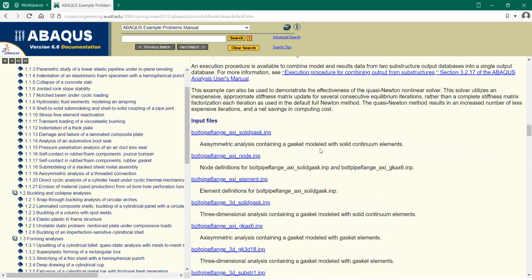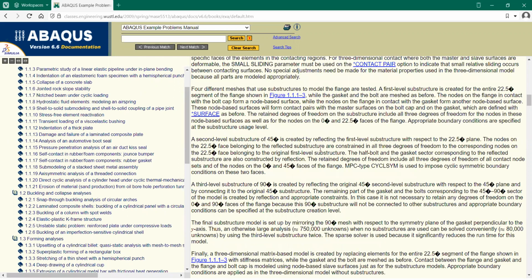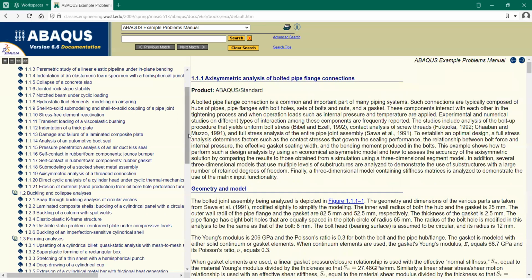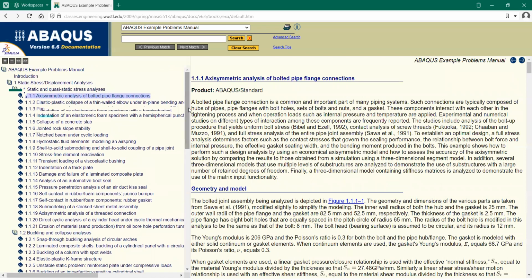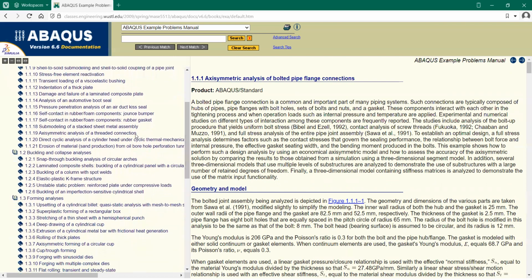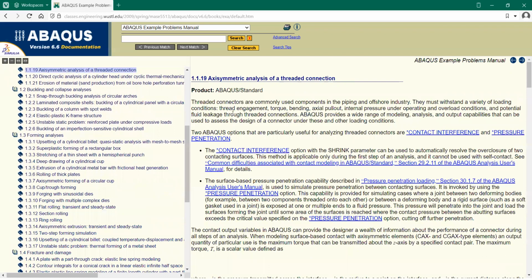So this is a different problem, an axisymmetric one. Let's look into some other axisymmetric problem. There is an axisymmetric threaded connection.